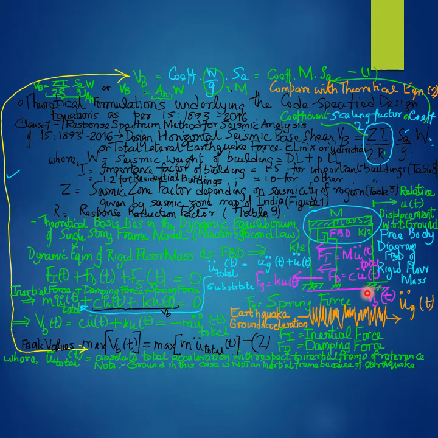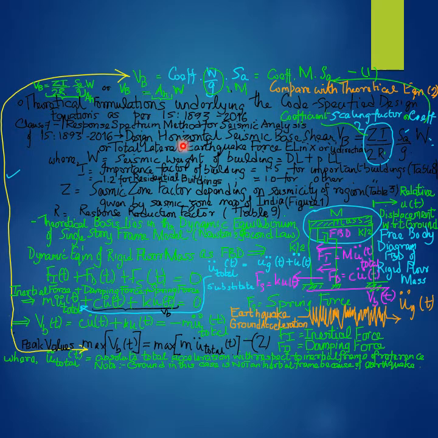The subscript small b is used in the theoretical formulation to highlight that V subscript small b is the theoretical base shear that is obtained theoretically by considering the dynamic equilibrium of the free body diagram of the rigid floor mass.